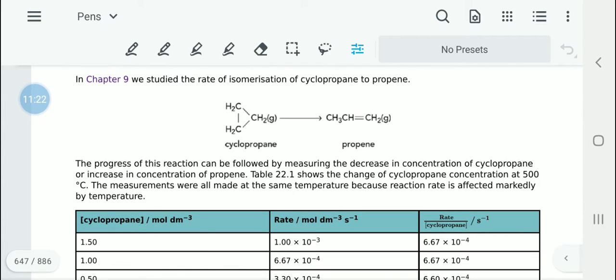When the rate of a certain reaction is considered, its progress can be measured by measuring the decrease in concentration of the reactant or the increase in concentration of the product.